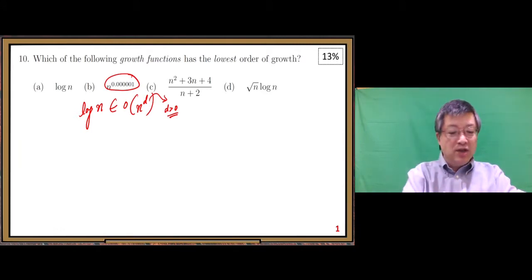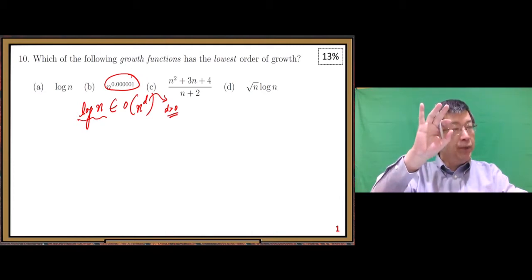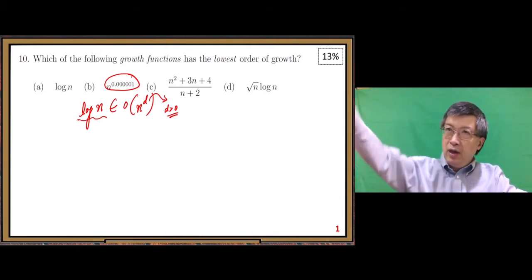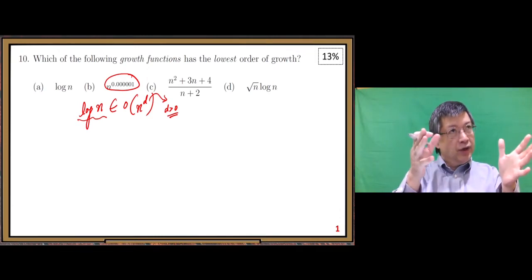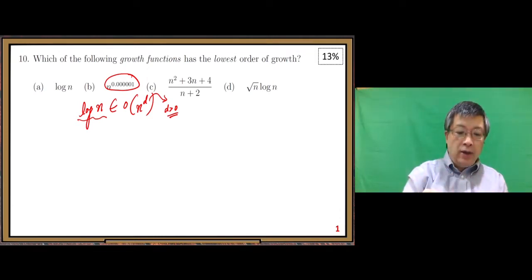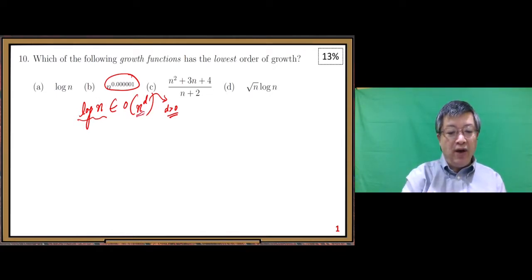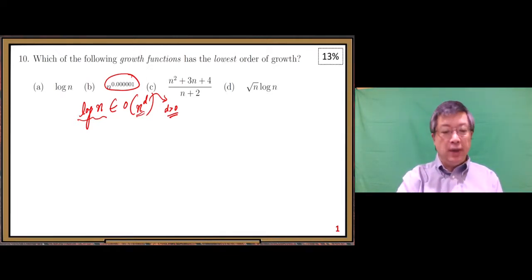Asymptotic notation looks at the long term, not short term. For very big n, log of n cannot compete with the power function n to the dth power.